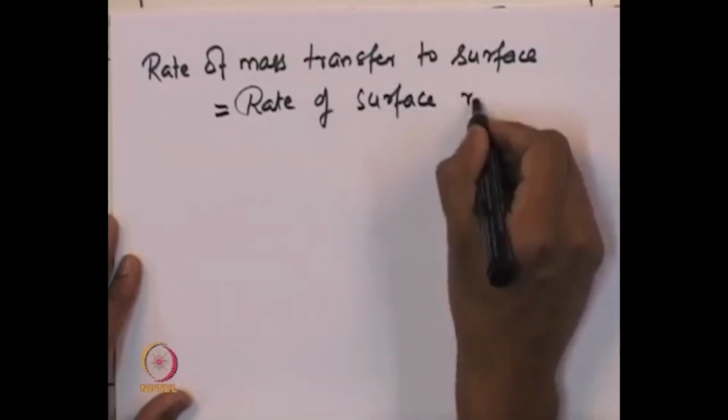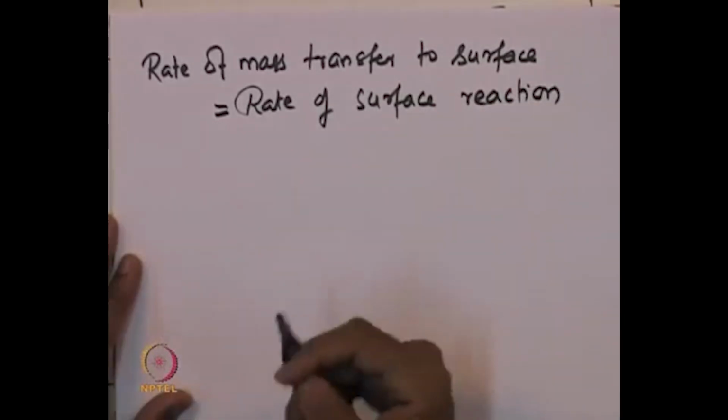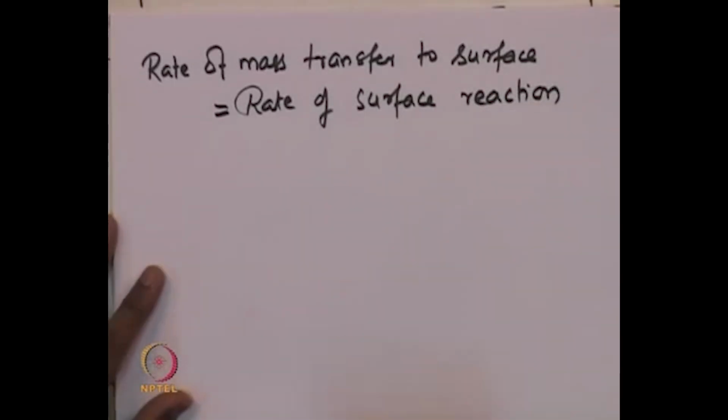Because the property of the drugs is always such that the particles are expected to dissolve, and so this is a process where the particles are shrinking in size. So, there is no ash layer present. Therefore, the rate of mass transfer to the surface should be equal to the rate at which it is being consumed for the surface reaction.